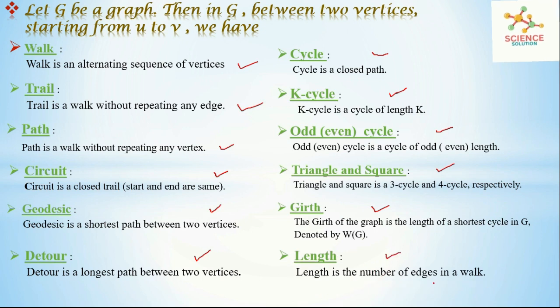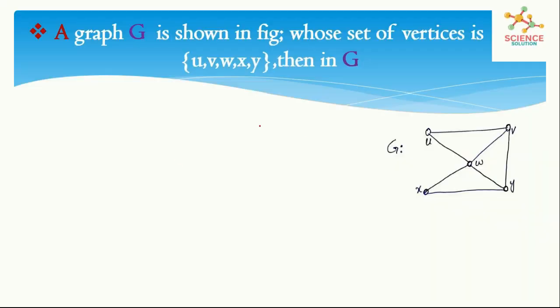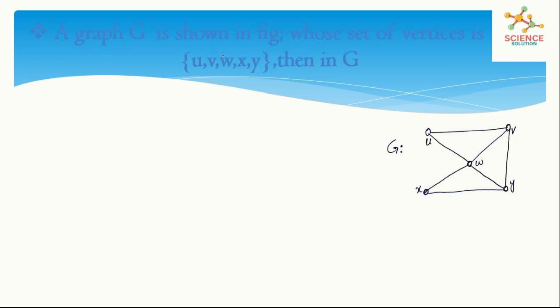Now we discuss these features by examples with a diagram. A graph G is shown in the figure, whose set of vertices is U, V, W, X, Y. Then in G, X to Y, Y to W, W to V, V to Y, Y to W, and W to X is a walk of length 6, also closed.